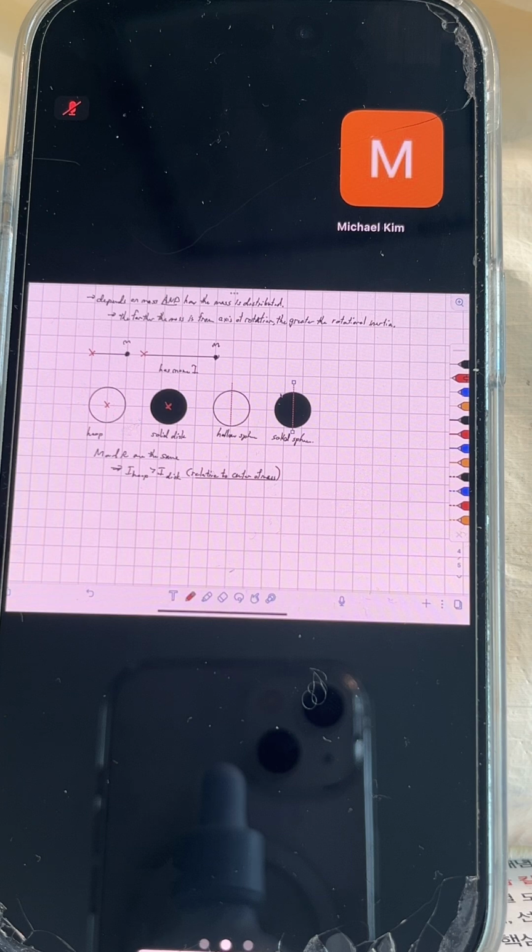Right? We said that when I'm looking at how my mass is distributed, I don't care about the vertical difference in how the mass is.